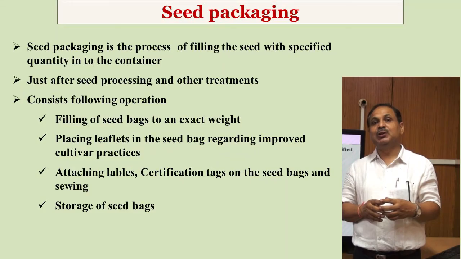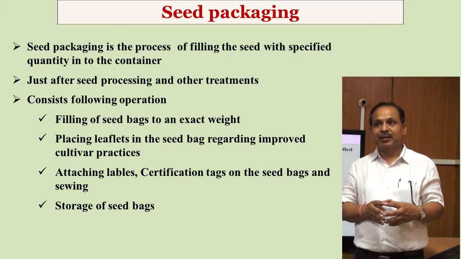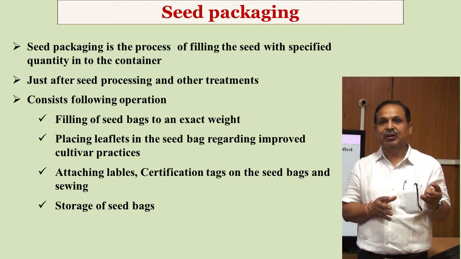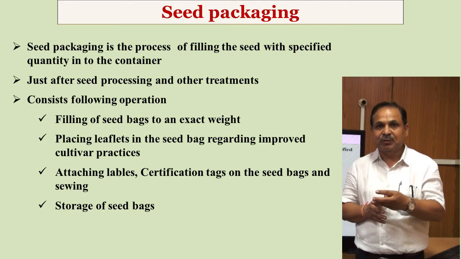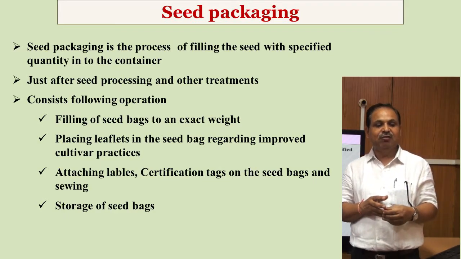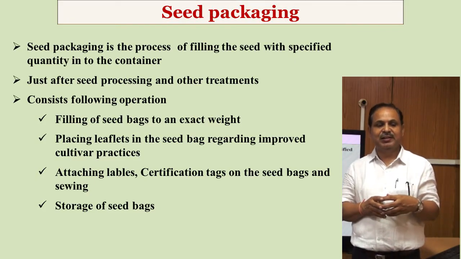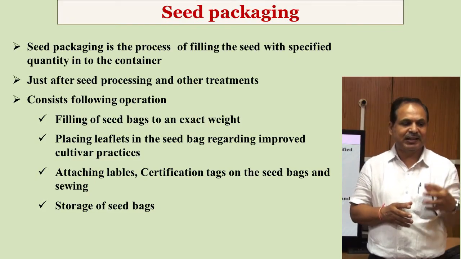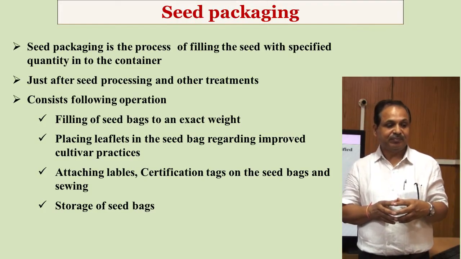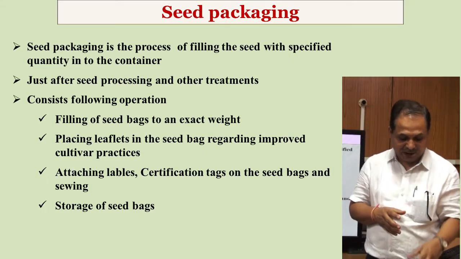The seed labels should also be attached properly, with information about the seed lot, the class of seeds and the variety. All this information must be mentioned on the labels, and attached on the seed bag with the cultivar information. Storage of the seed bag is then done properly.